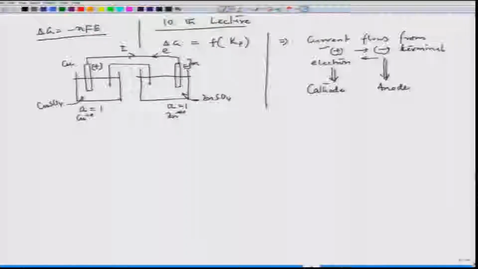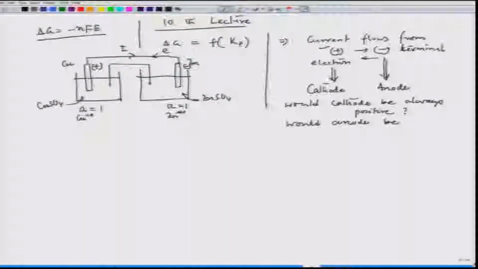So, the question is, would cathode be always positive or would anode be always negative?